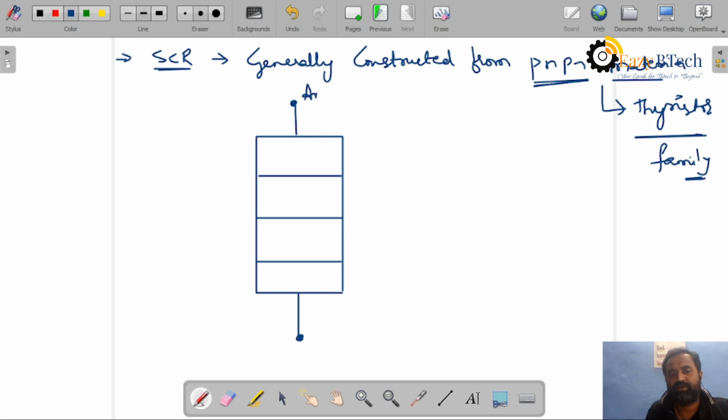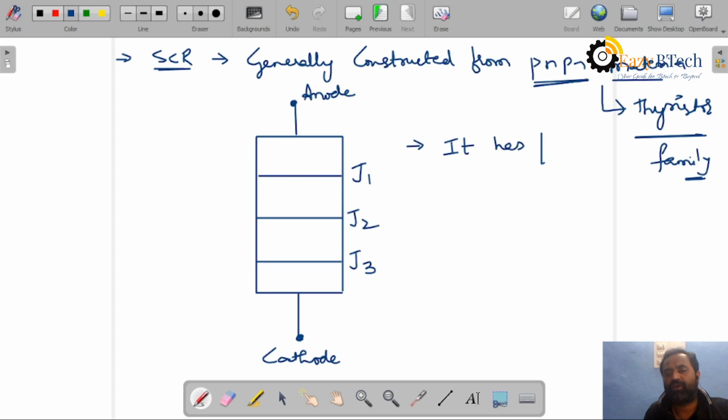It is anode, it is cathode, it is J1, J2, J3. It has three junctions and four layers, like a Shockley diode.